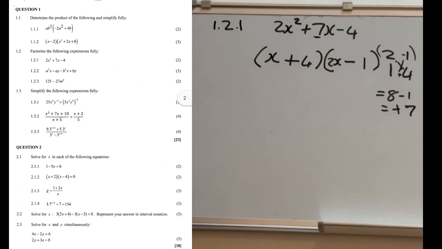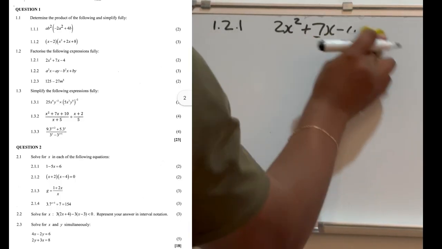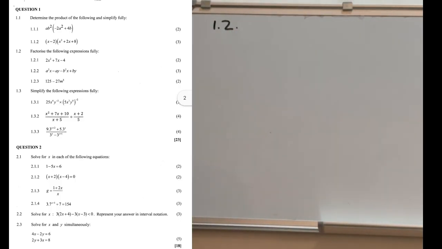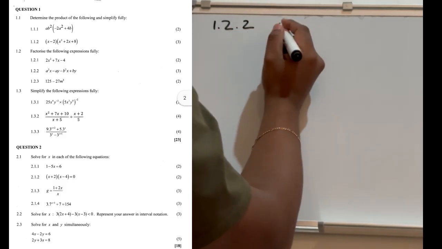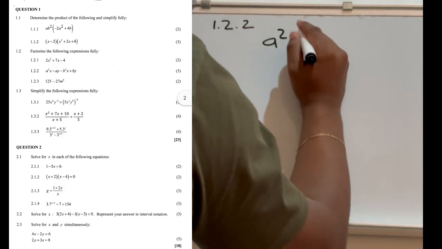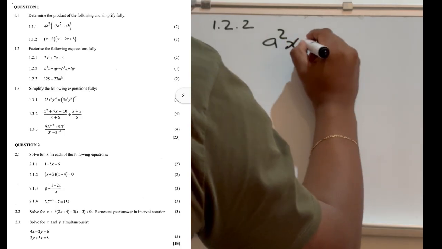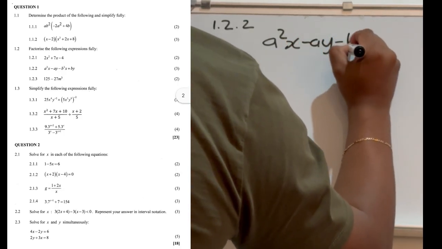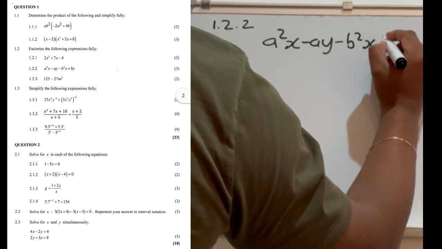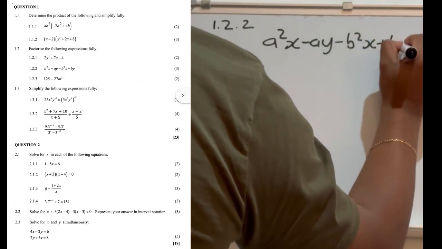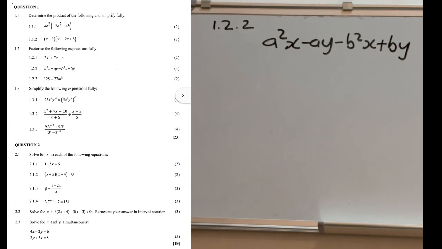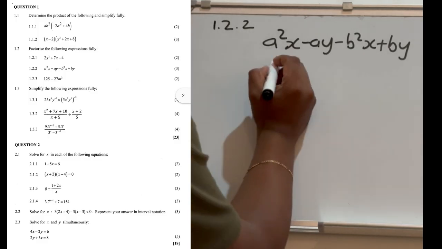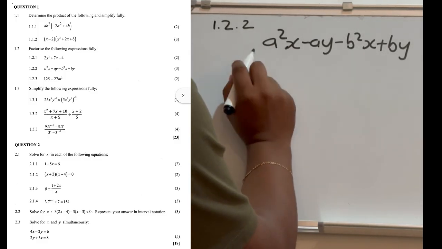The second one is 1.2.2. So then we're going to go a squared x minus ay minus b squared x plus by. Okay, so here we're going to go group factorization.